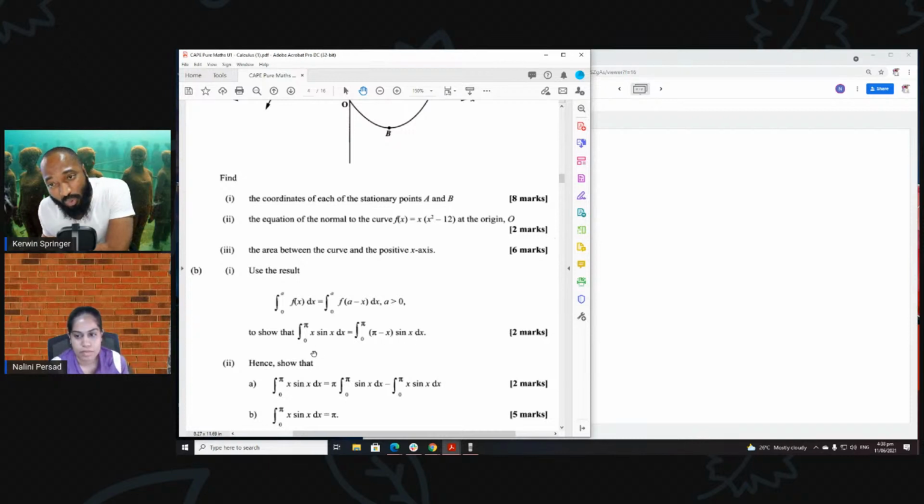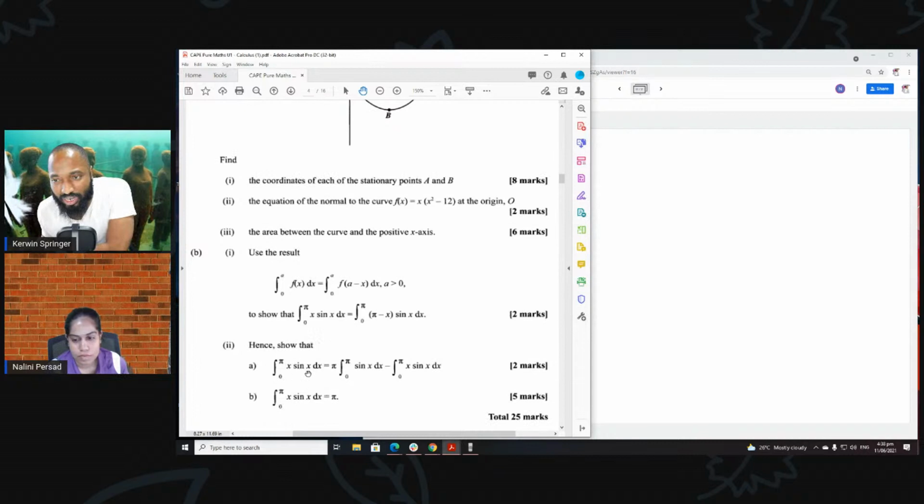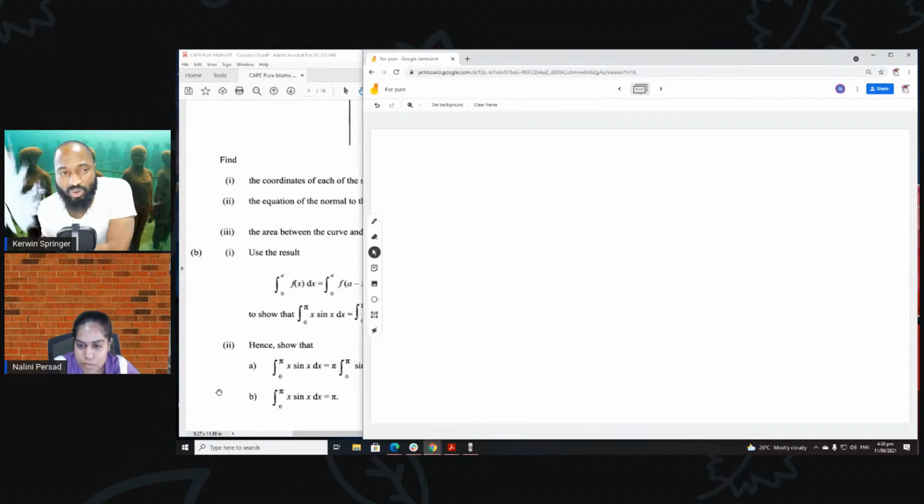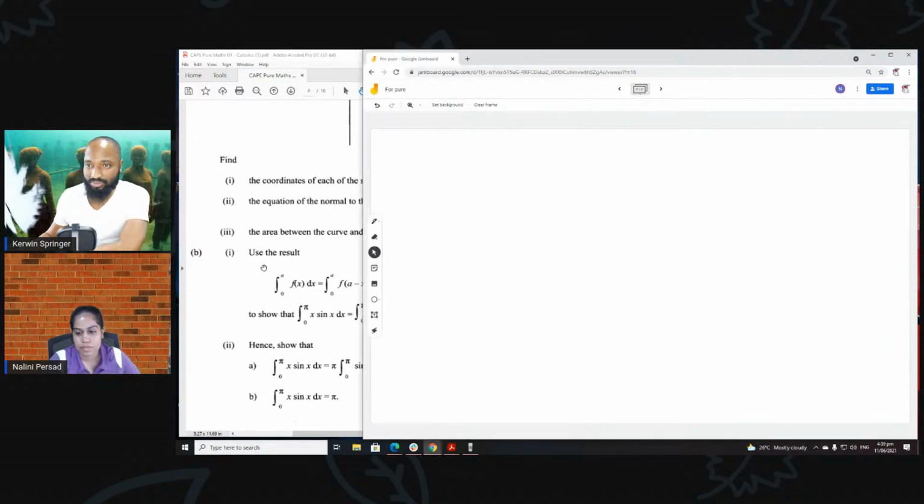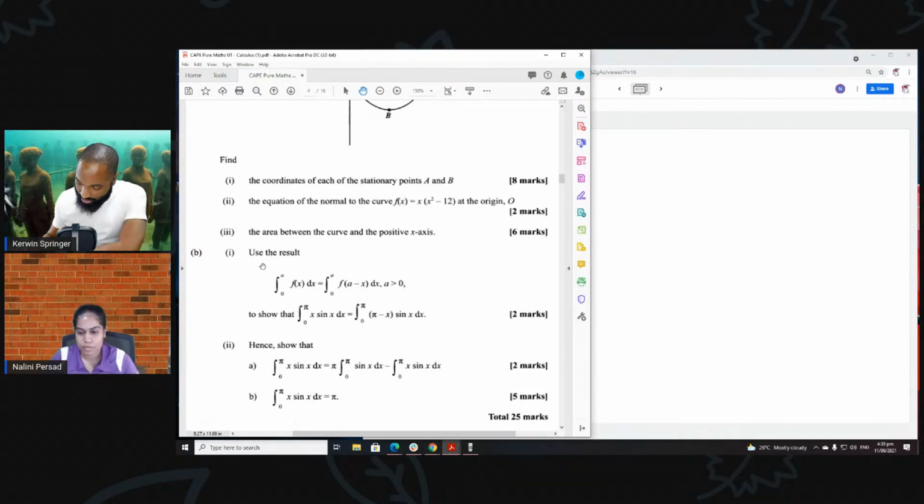This is a quick question. Hence show that the integral of x sine x dx between 0 and pi equals this. All right, so I'm going to spend 5 minutes on this question. If I don't crack it now, I'll crack it right after the live and probably post it on the Discord channel. Let me just write it back.